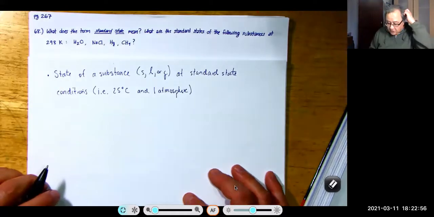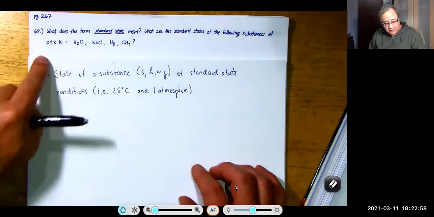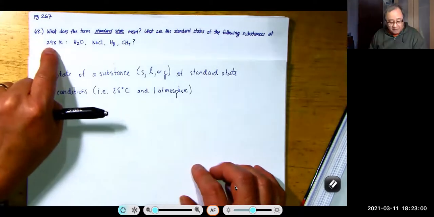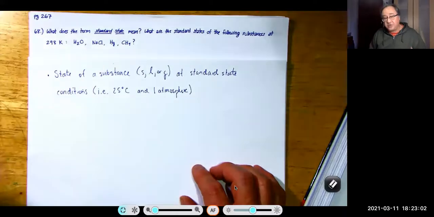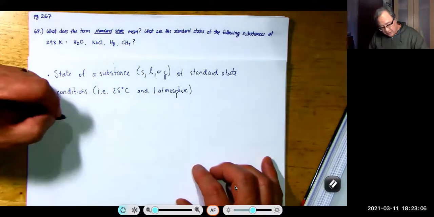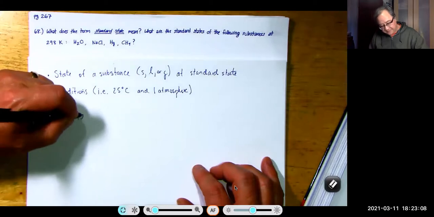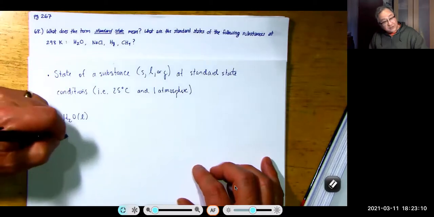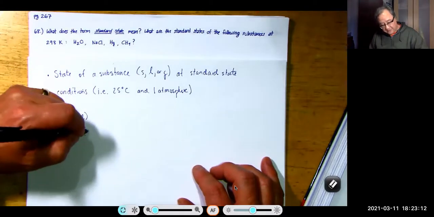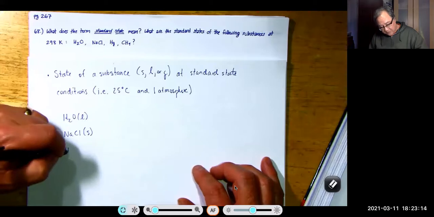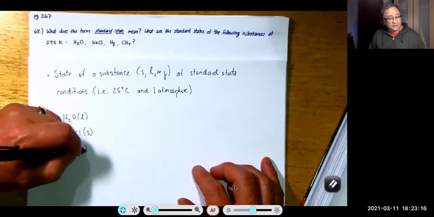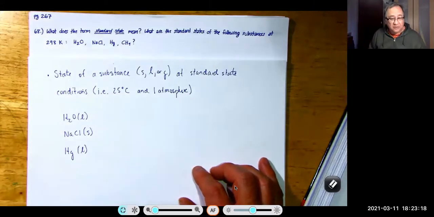Okay, so what are the standard states of the following? So notice they have 295 K, should be really 298.15 K. So H2O, I think we know, is a liquid. NaCl, which is table salt, we know is a solid. Mercury, most of us know, is a liquid at room temp. It's one of 2 elements that are a liquid at room temp. The other one is bromine.